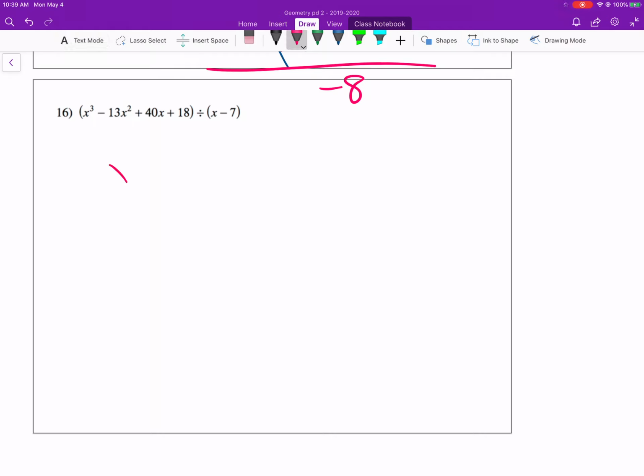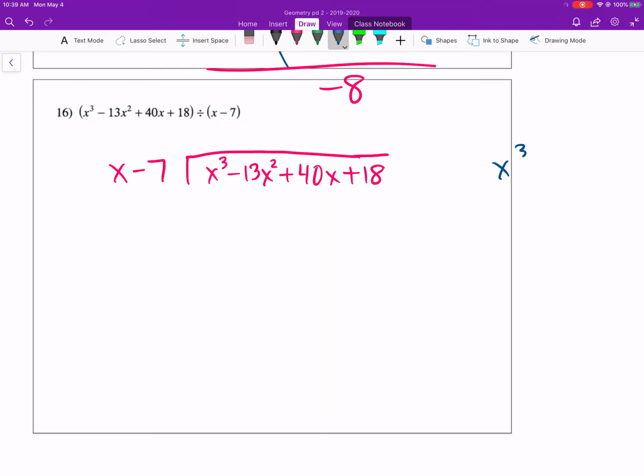Alright, it would be x minus 7 on the outside, and then we have x cubed minus 13x squared plus 40x plus 18. Alright, divide.